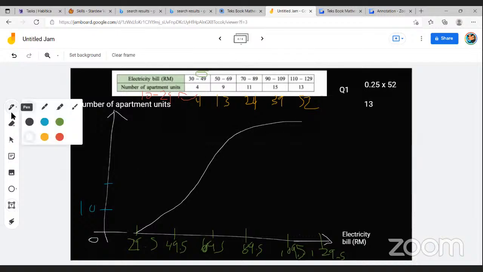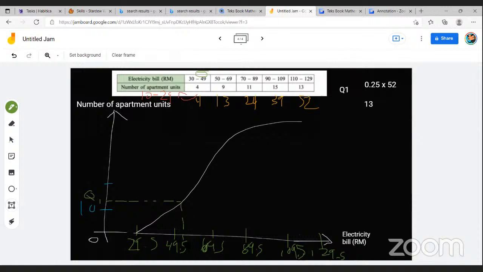And then we'll go to, let's say, 30, of course. And this will be your first quartile. Then you have to find the respective electricity bill for the first quartile, and then you do the same thing with the third quartile. Now, how you draw this in a box plot will be something like this. Also you need to find the midpoint.